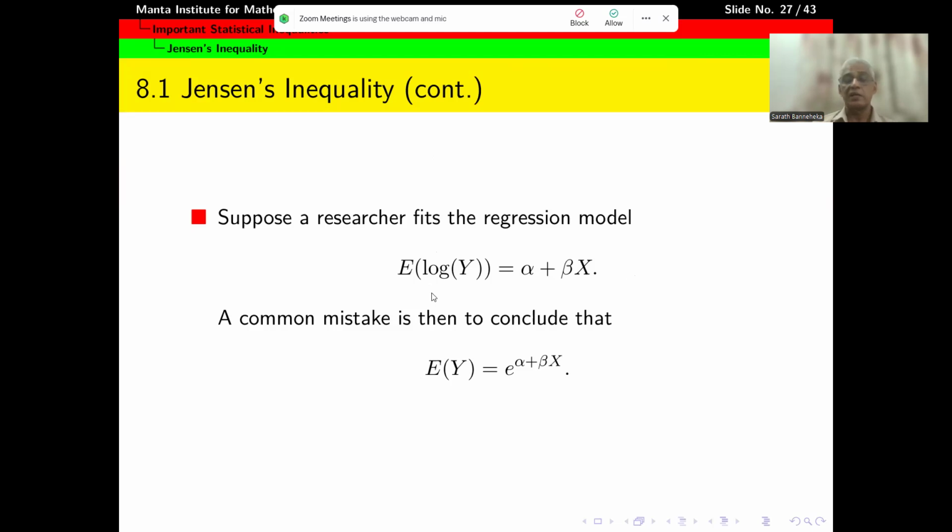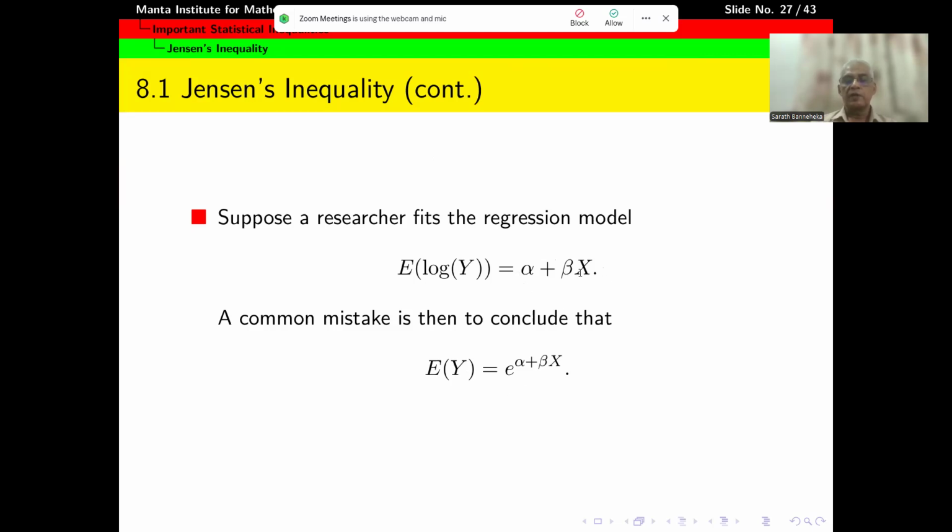If you just mathematically consider, for example, log y is equal to this thing, then y will be equal to e to the power alpha plus beta x. So they think that is valid for the expected value also, which is not really correct because we saw earlier expected value of log of y is less than or equal to expected value of y. And therefore, you cannot write down that expected value of y is equal to this thing, right?